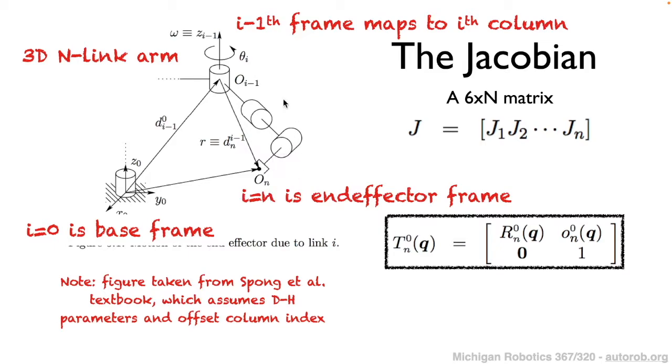Within the robot itself, you can see we have these additional degrees of freedom. For example, this rotational degree of freedom, and a prismatic degree of freedom here. Collectively, this makes up an example kinematic structure, which in this case represents an n-link arm in three-dimensional space.